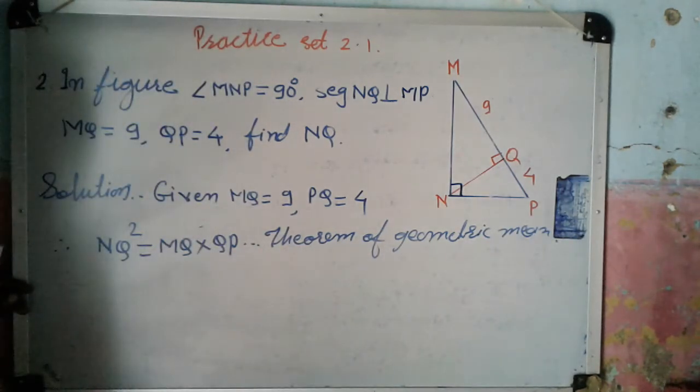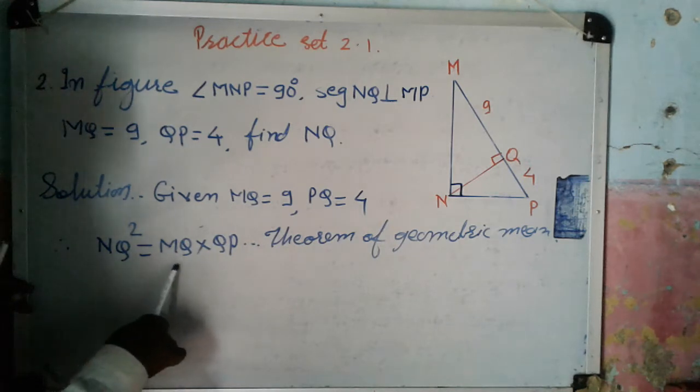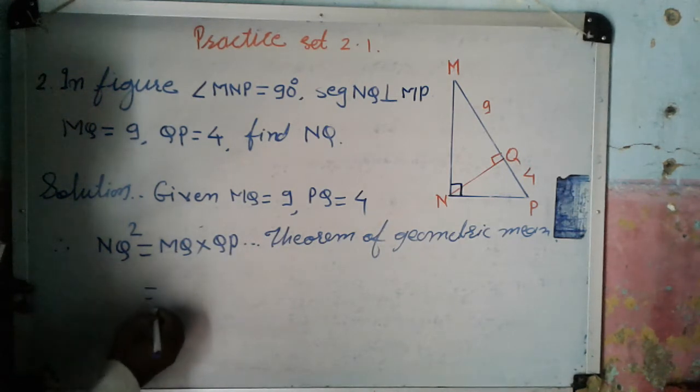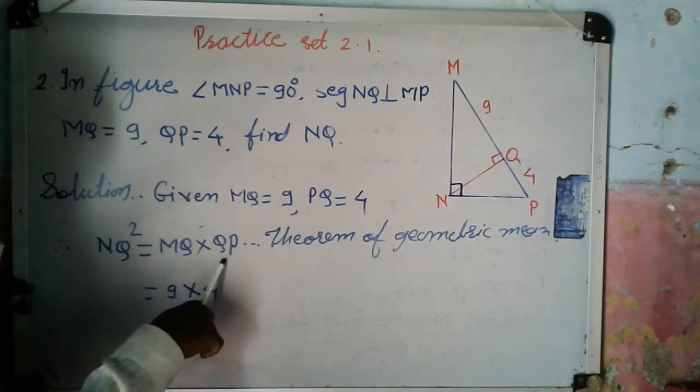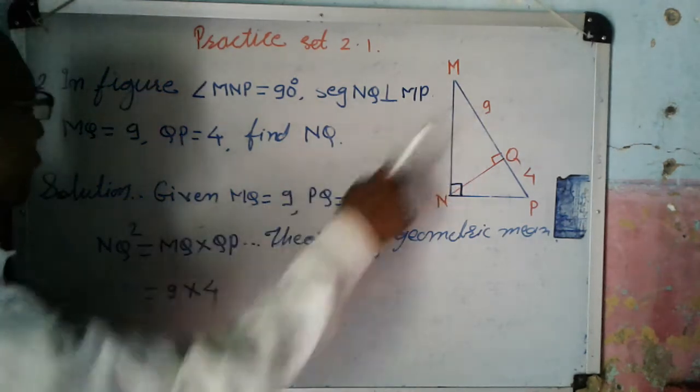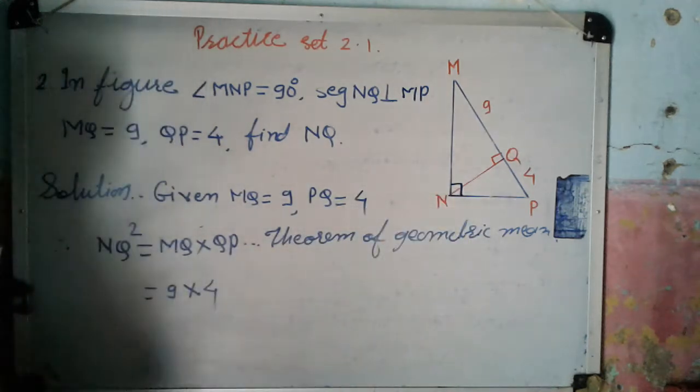Theorem of geometric mean. Now put the values of MQ and QP. So here we get 9 multiplied by 4. So MQ is equal to 9, QP is equal to 4.